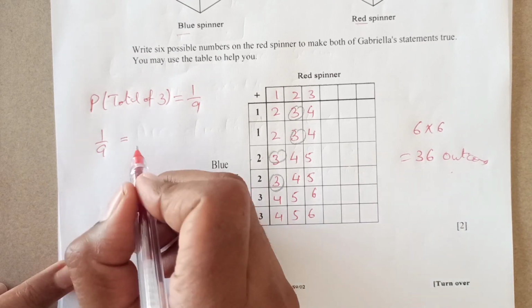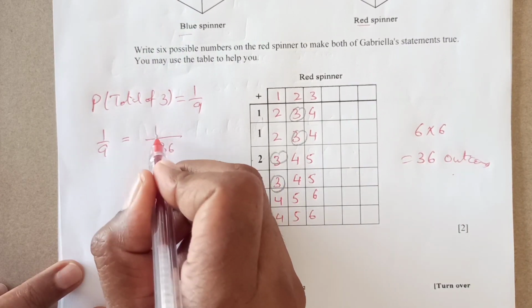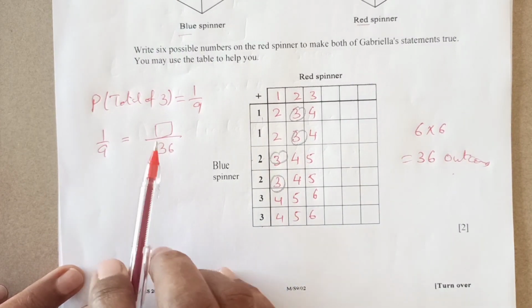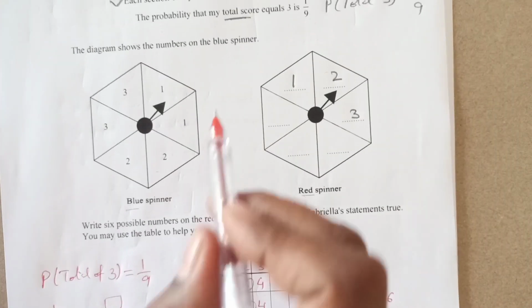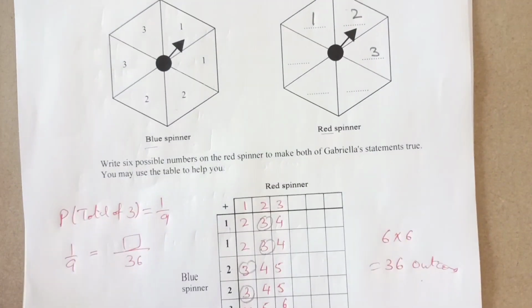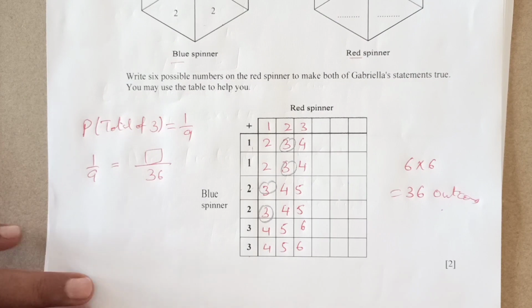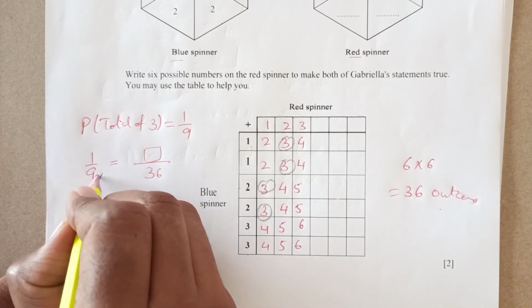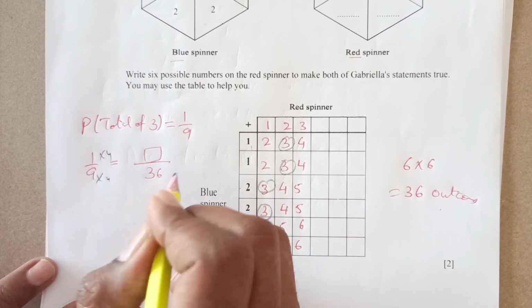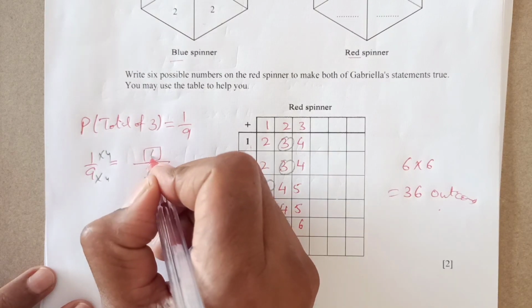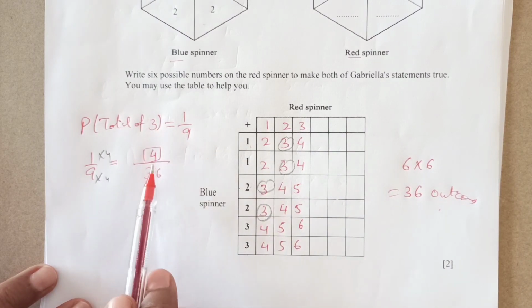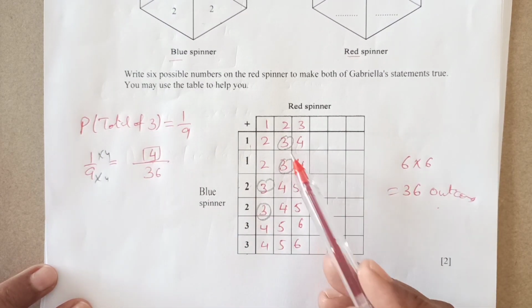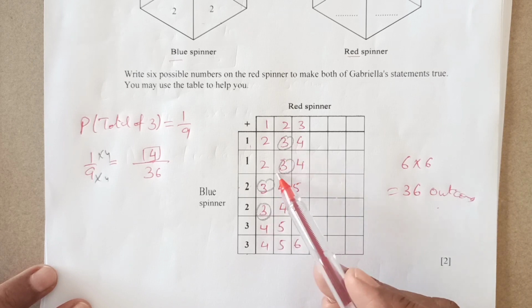So out of 36 outcomes, how many times should a total of 3 come? 36 times 1 over 9, that's 4, so that's how you are going to get 4. So meaning you are going to get 3 here 4 times. So 1, 2, 3, 4, we already got it 4 times.